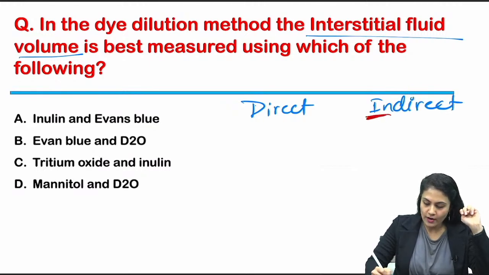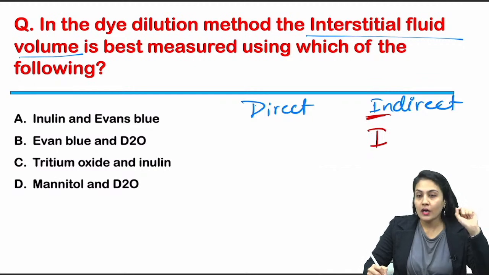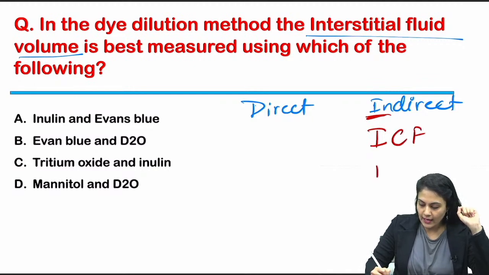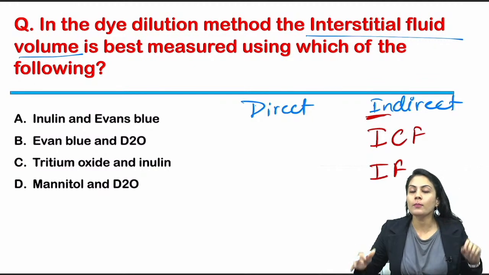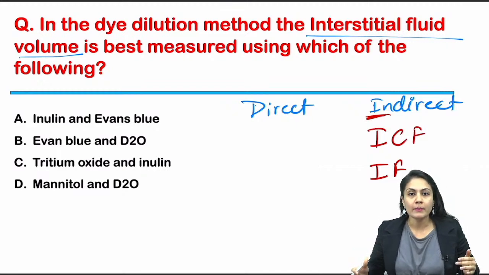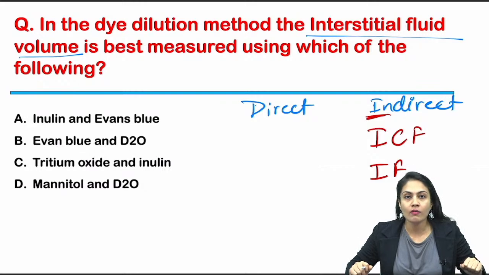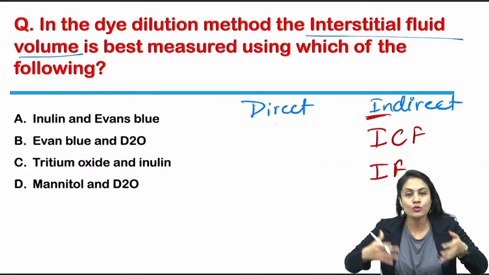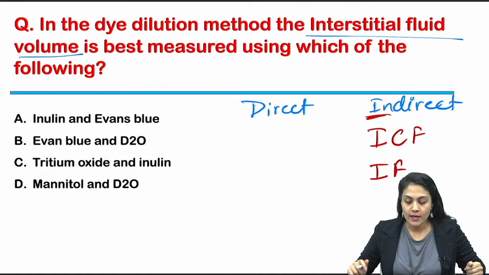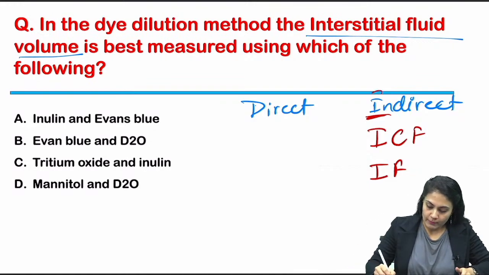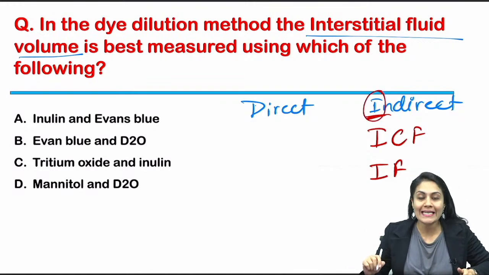Remember, intracellular fluid and interstitial fluid cannot be measured directly. That means we cannot put the dye only into the intracellular or interstitial fluid. It has to go from the plasma, right? So that's why we measure them indirectly.